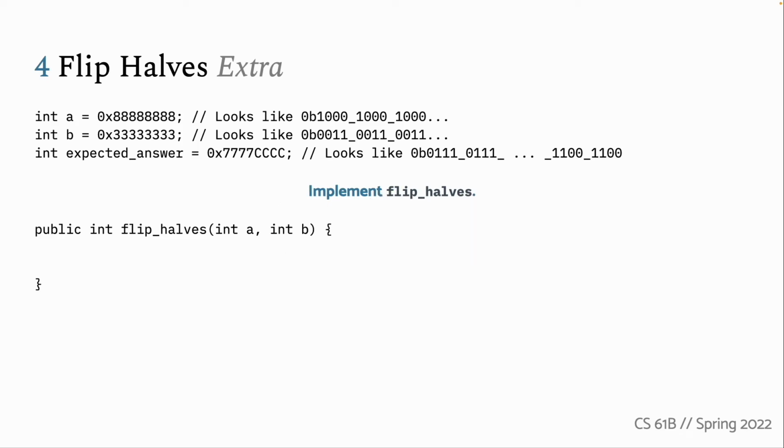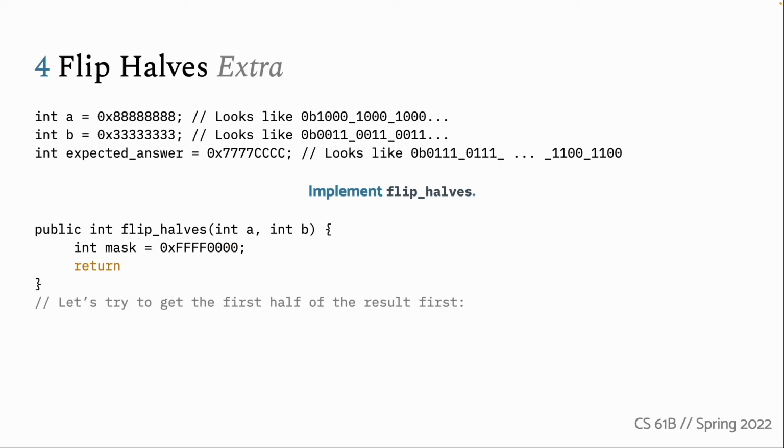Okay, let's go for it. So let's create our mask. This time we're creating a mask that is 1s for the first half and 0s for the second half. And we can dual use this as a mask for both of ours, even though that might be confusing at first. So first, let's get the first half of our result. We want mask XOR A, and that'll flip the bits using XOR.